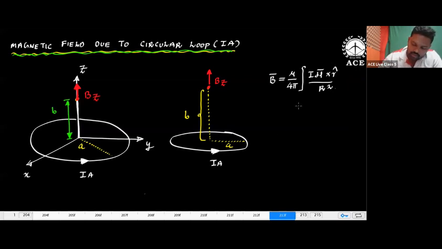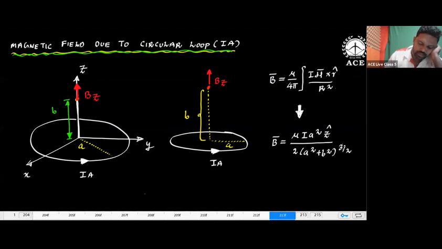So what happens to this? So here B is equal to mu into I into A square into Z cap divided by 2 into (A square plus B square) to the power of 3 by 2. This is a formula which needs to be remembered.